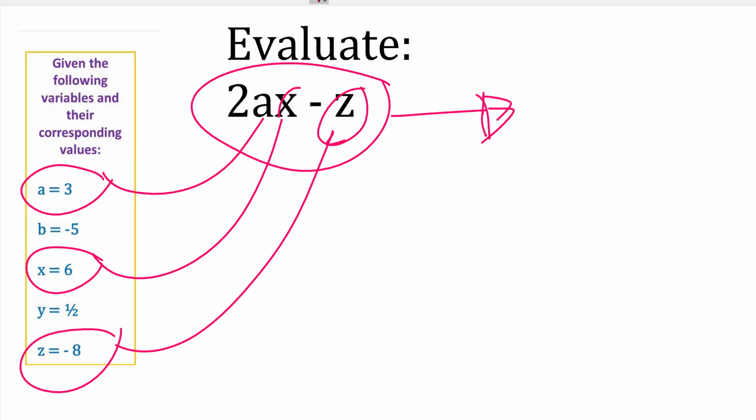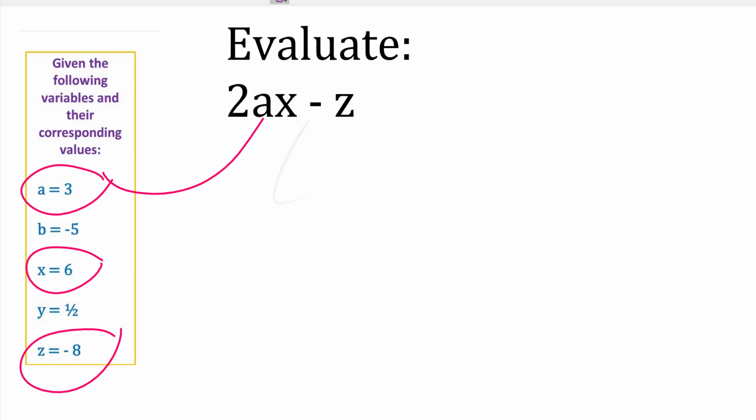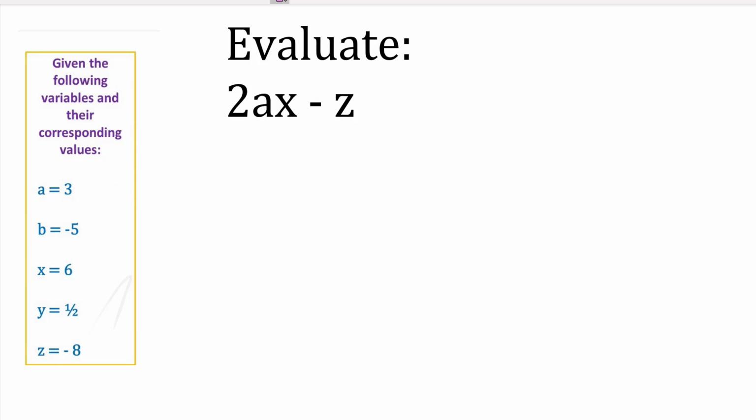Because the moment you have a different value for a, x, or z, the value of the expression will change. I emphasize that because sometimes people are confused why we use this value at one time and another value the next time. So a, x, and z are variables.